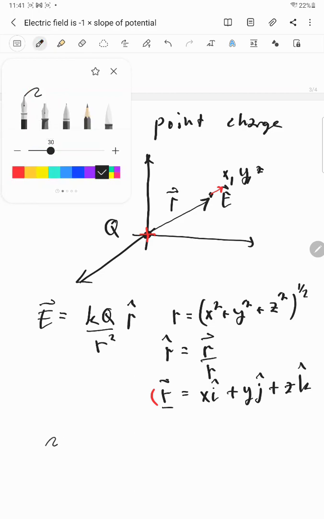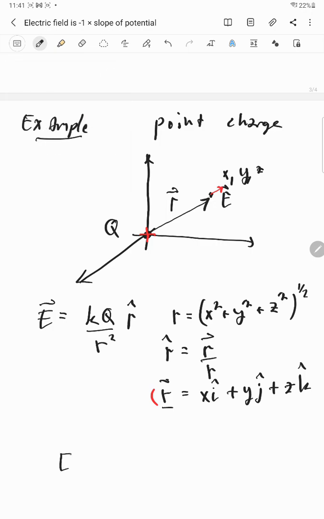But anyways, I want to finish out my example. So if I have all this stuff, I bet you can see that the x component is just, right, kQ over x squared plus y squared plus z squared, all squared, right? That's the electric field, multiplied by r hat. r hat is an x component, a y component, and a z component, but I only want the x component because I want to know what the x component of the electric field is.